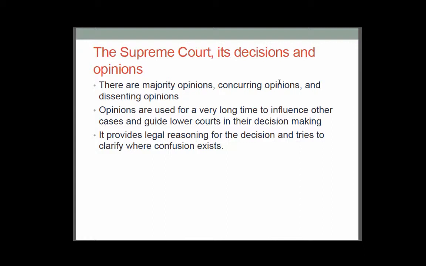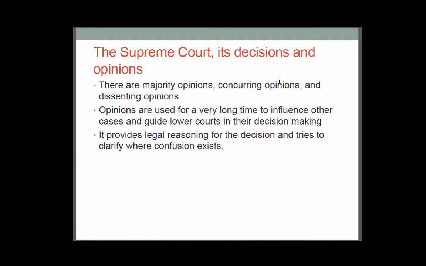We have concurring opinions, which agree with the majority side but want to add their own spin on the decision. And there are also dissenting opinions, which are basically from the losers in the case, the dissenters, and they give their opinions for why they think the case should have been decided in a different direction.